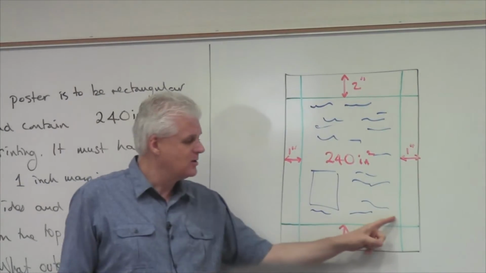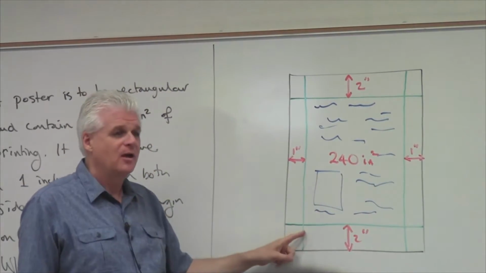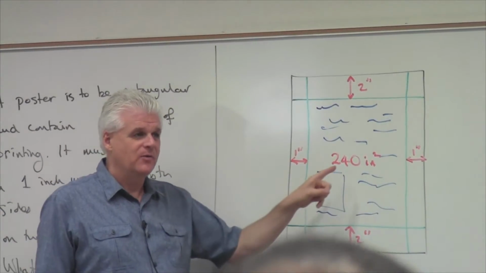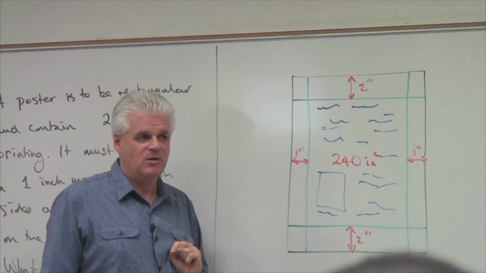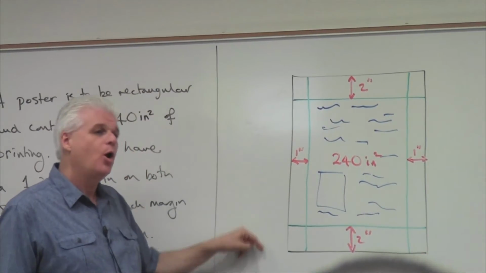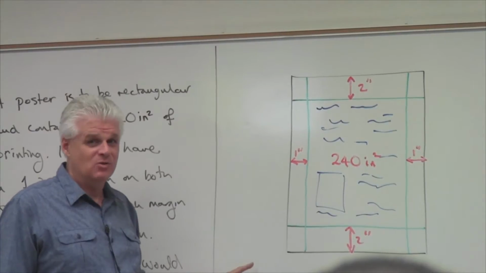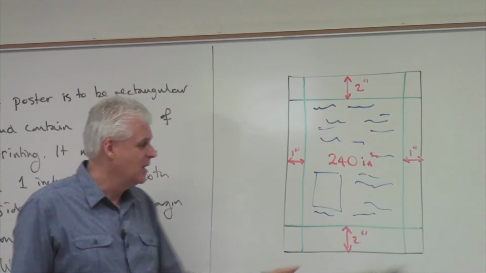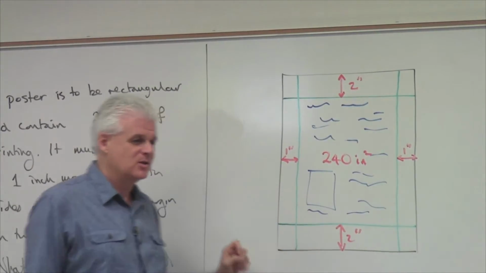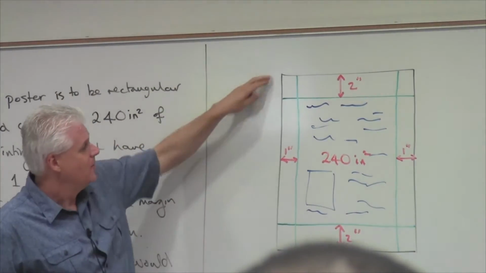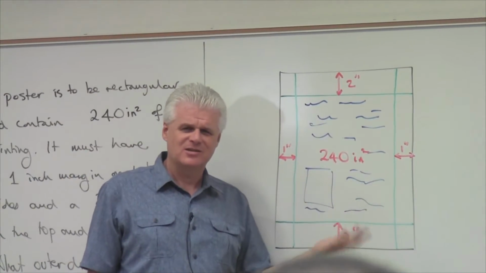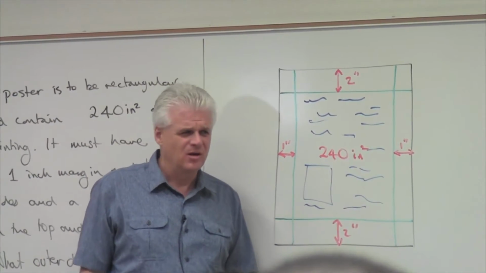If I tag this as x and this as y, the constraint is simply x times y equals 240. Is that right? But if I tag the whole width as x and the whole height as y, my constraint gets pretty ugly. It ends up saying x minus 2 times y minus 4 equals 240. I mean, it's legitimate, but it's harder.